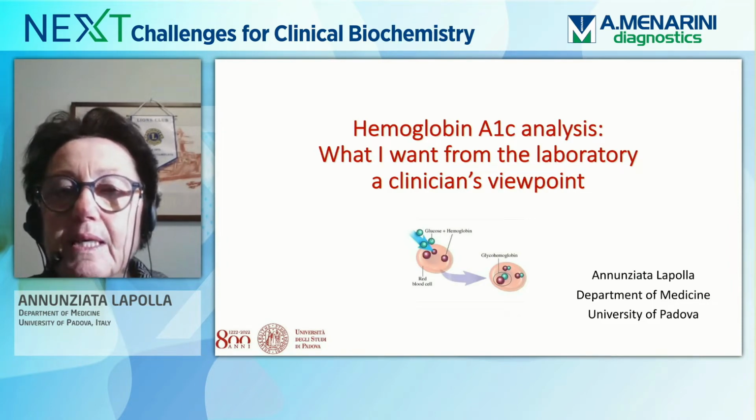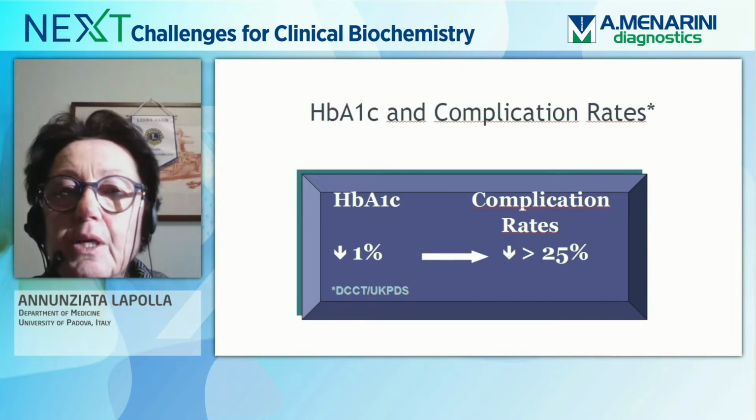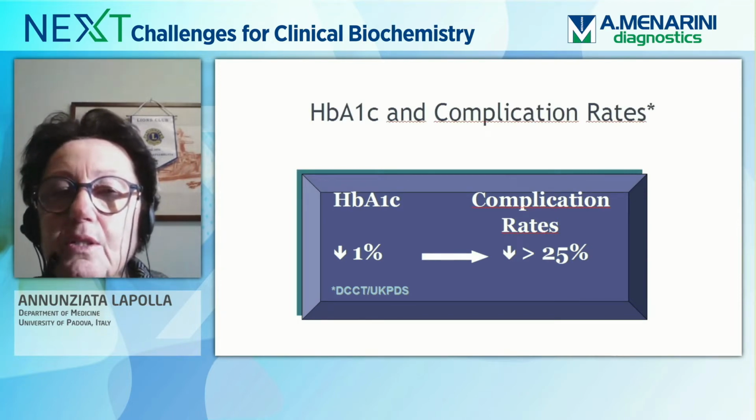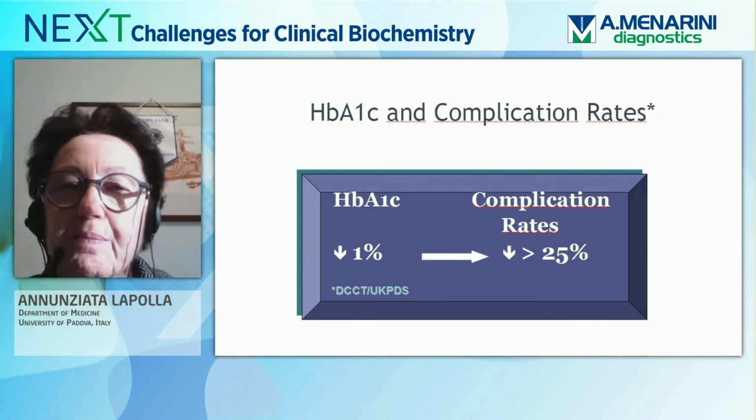Hemoglobin A1c analysis: what I want from the laboratory, a clinician's viewpoint. Glycated hemoglobin is considered the gold standard for the evaluation of metabolic control of patients affected by diabetes.